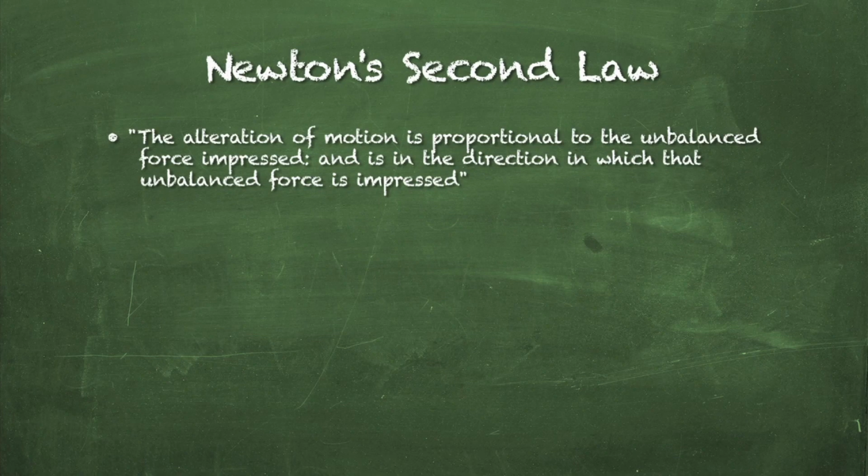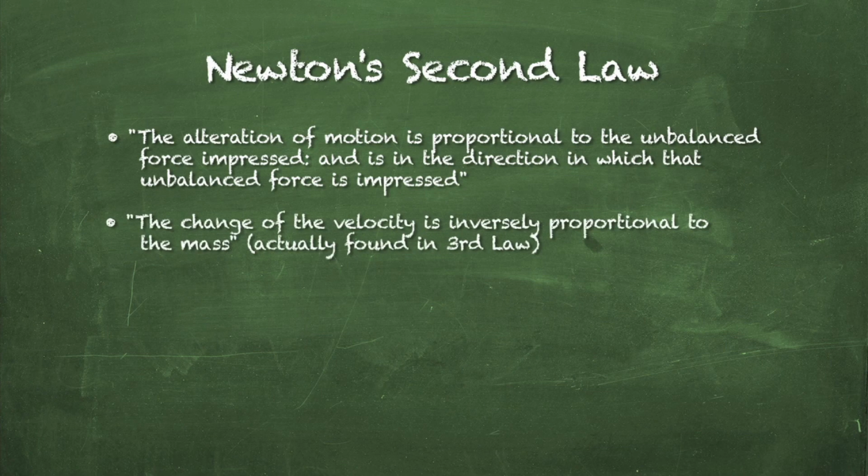Newton's second law, translated from the Latin in which Newton wrote, is: the alteration of motion is proportional to the unbalanced force impressed and is in the direction in which that unbalanced force is impressed. There's another part that is implicit in Newton's second law. When Newton wrote the Principia Mathematica, it's actually found in the third law, and that is that the change of the velocity is inversely proportional to the mass.